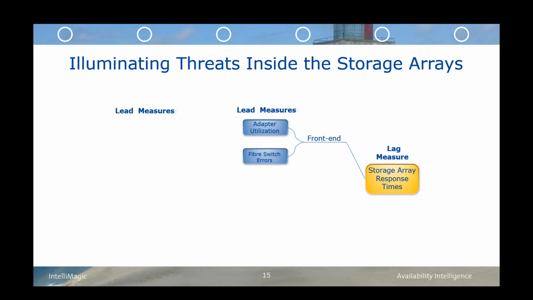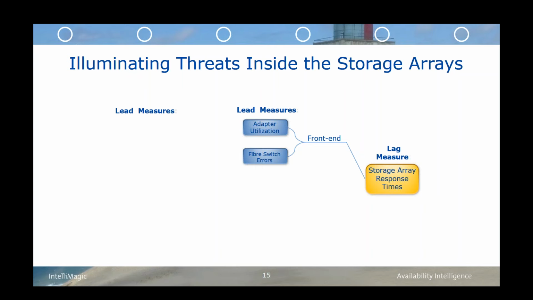Too much throughput, megabytes per second, is being asked of those particular ports. So if you know at what point it's going to start to introduce delays, at what point you're going to hit the knee of that curve where response times will go up, you can start to generate some warnings as the peak periods are approaching those and do something about it before the response times go up.